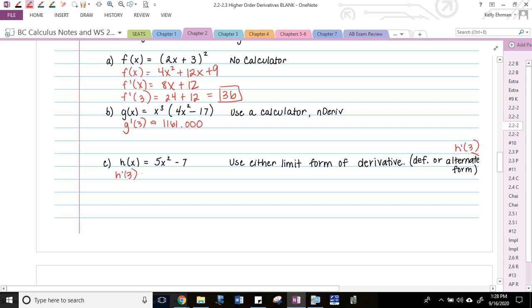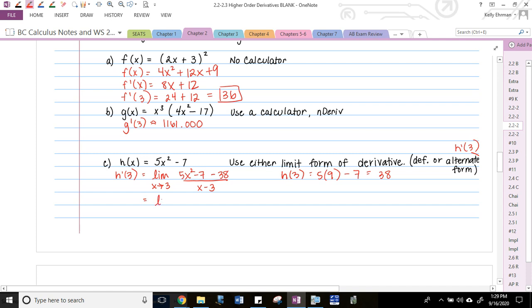We have to watch our notation. It's the limit as x approaches c, in this case it's 3, of h of x minus h of 3. What is h of 3? Let's figure that out off to the side. 5 times 9 is 45, minus 7 is 38. All over x minus 3.